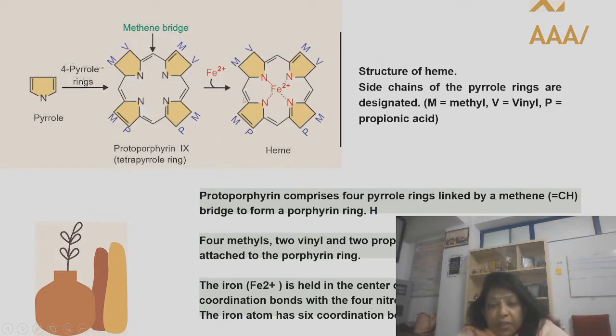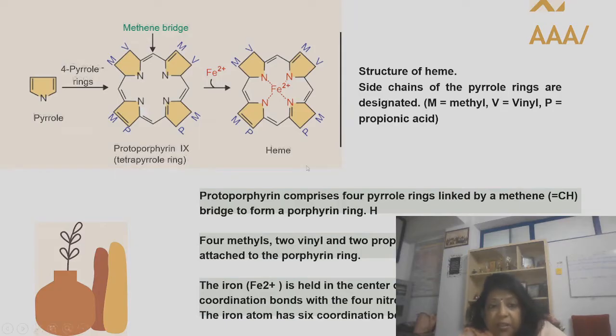Structure of heme is seen here. Side chains of pyrrole rings are designated as M for methyl, V for vinyl, and P for propionic acid. Protoporphyrin comprises 4 pyrrole rings linked by methane bridges to form the porphyrin ring. 4 methyl, 2 vinyl and 2 propionate side chain groups are attached to the porphyrin ring.